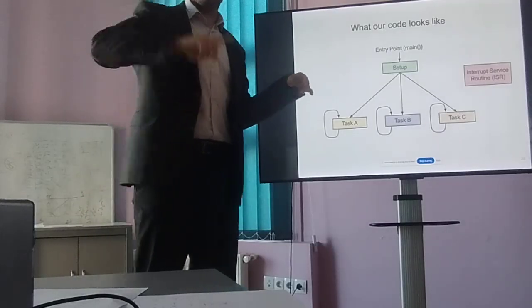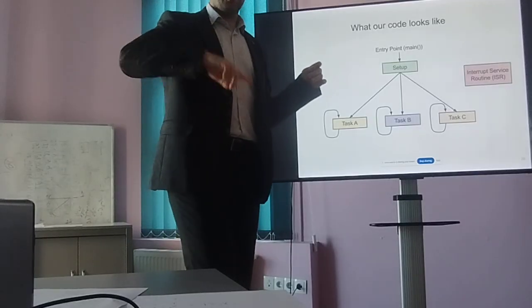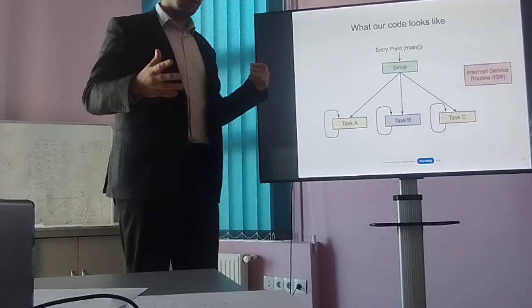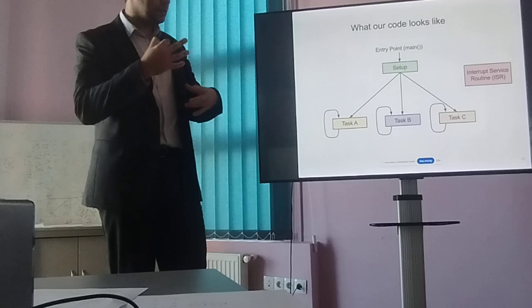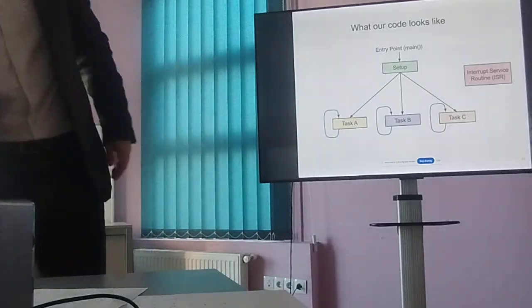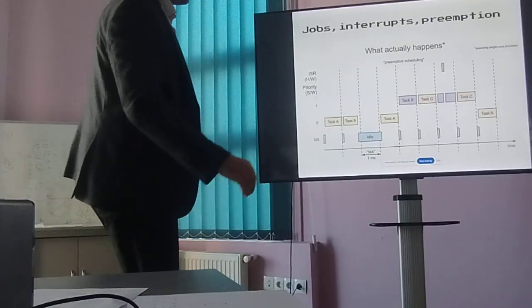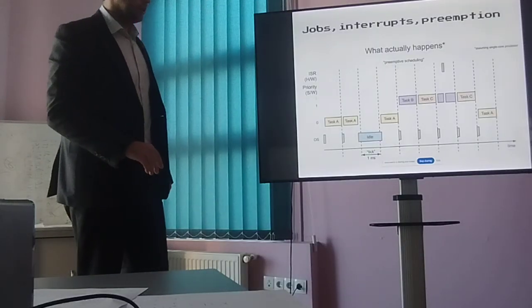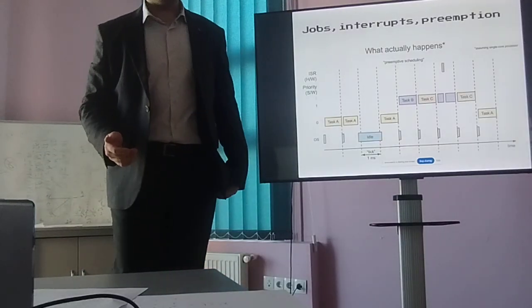It just switches between the tasks very quickly, and you don't notice. The human eye won't notice that it's switching between those 3 tasks. Let's see the diagram. Do you know how it switches exactly?